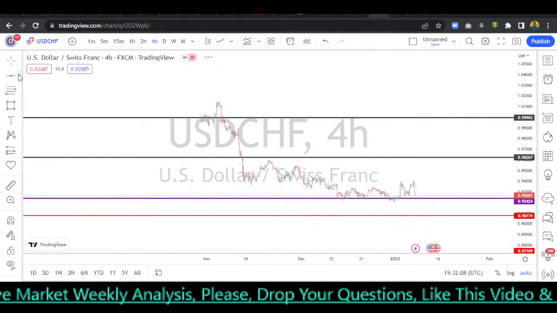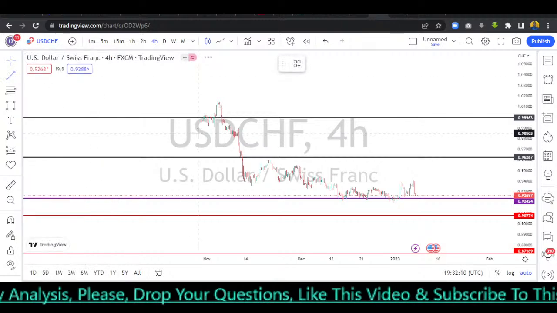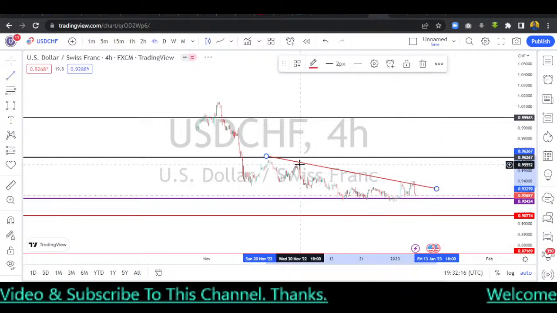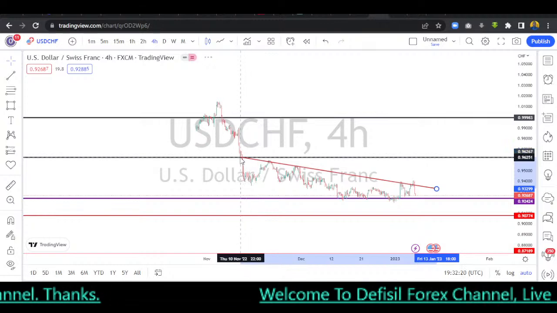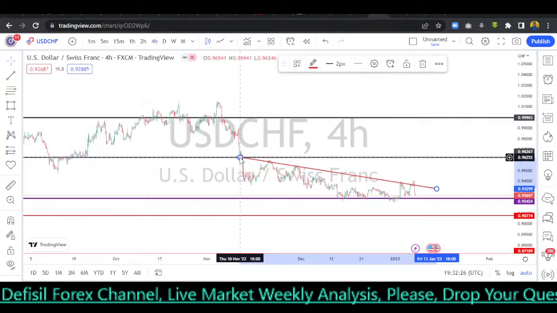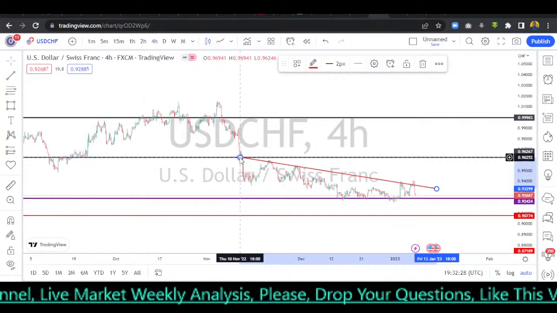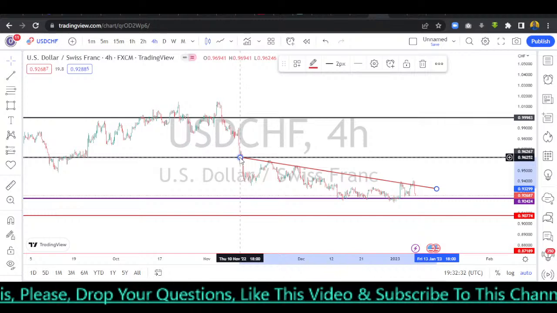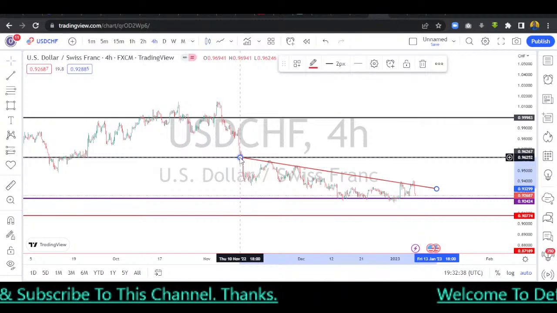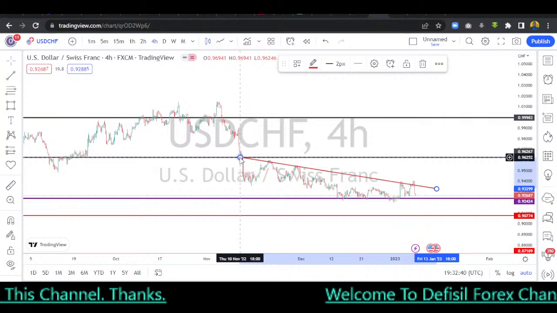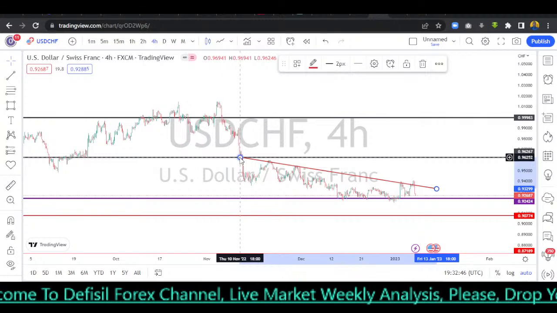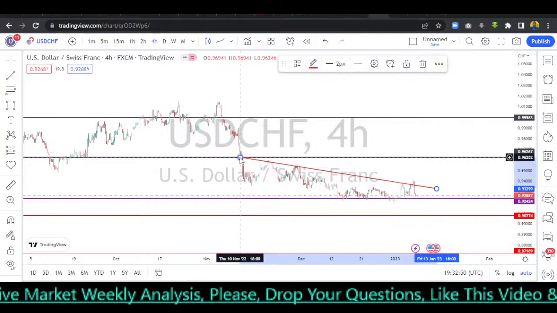Let me draw a little trend line here. Okay, we have this downtrend over here, and the market, remember, is currently obeying the point where we have the purple line.